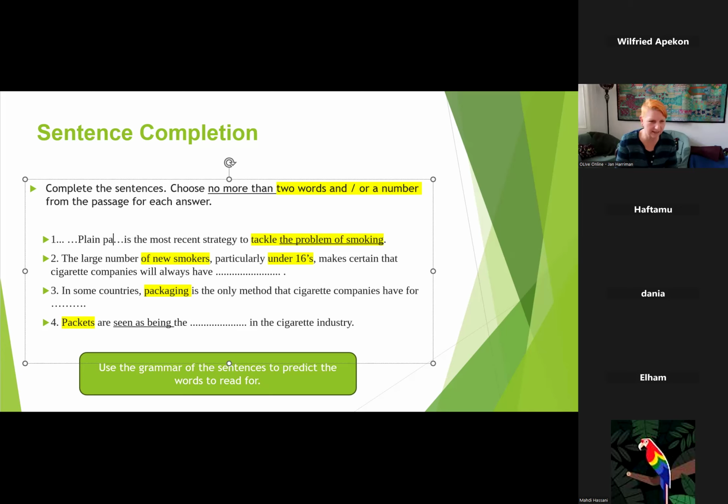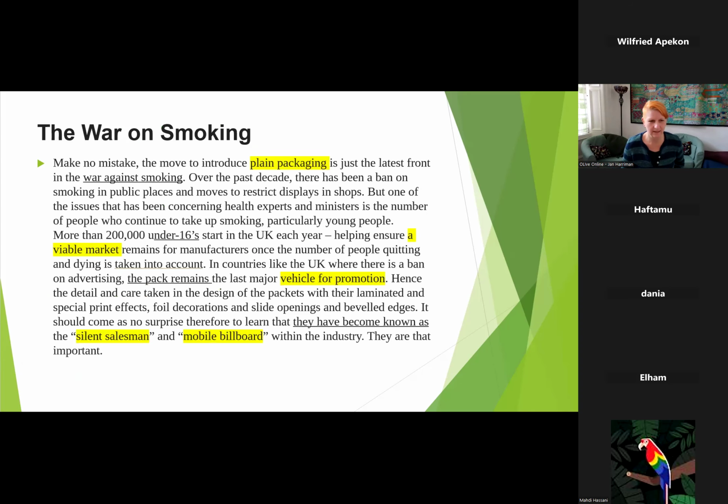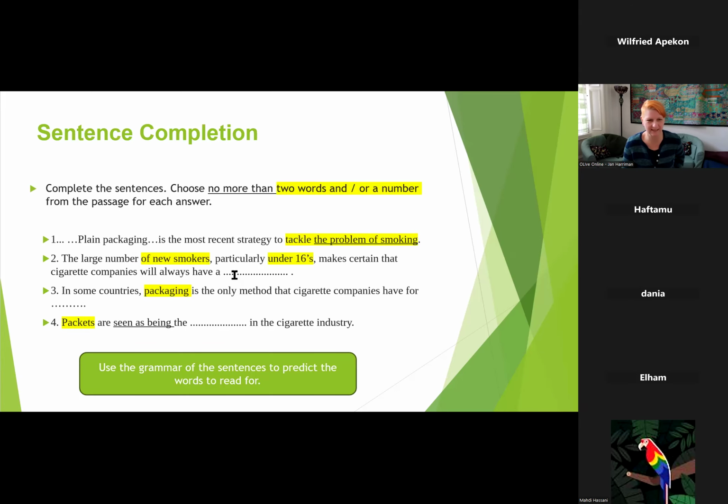Remember, we can only use two words. All right. So once again, we've got our keywords, new smokers under 16s. So I found the under 16s. And what does that help ensure? What does that guarantee the companies? Viable market. Viable market. Right? There's our two words.